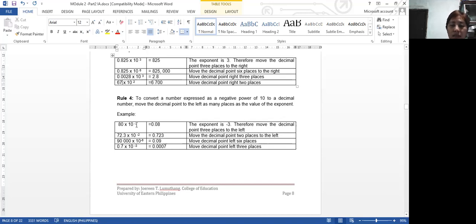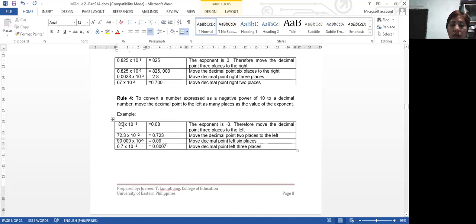If it is negative 3, here is the decimal point. Since it's negative 3, you'll just have to count from here: 1, 2, 3.